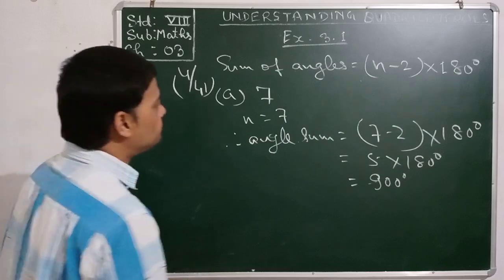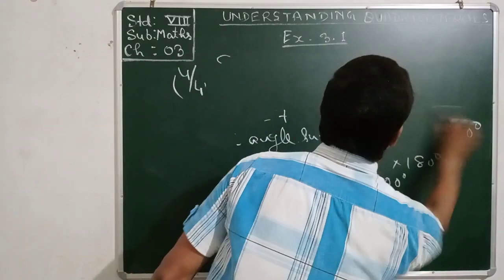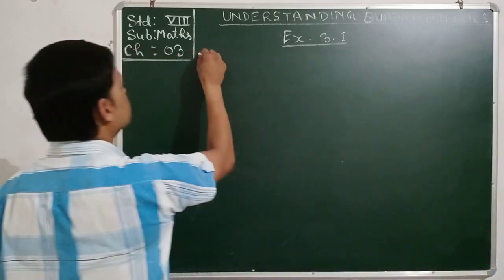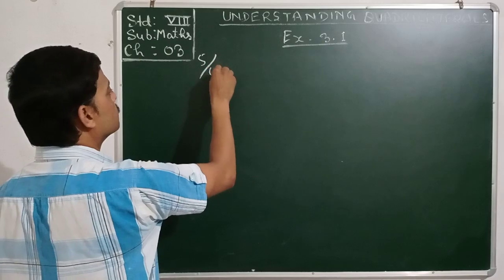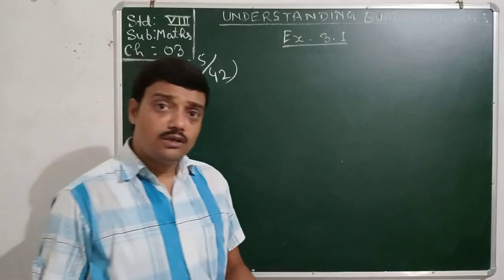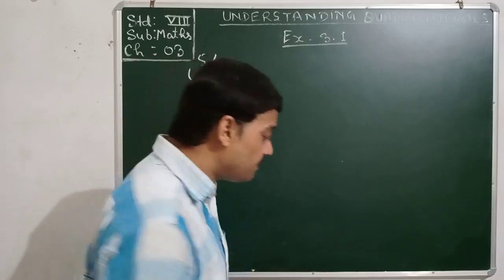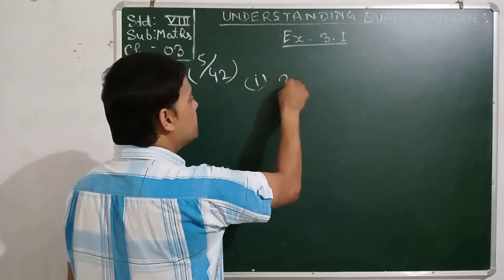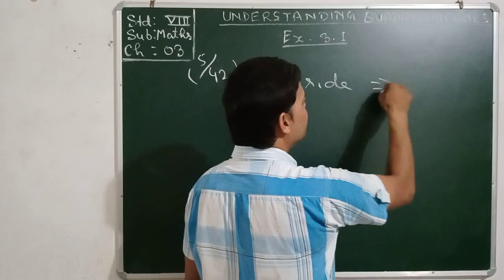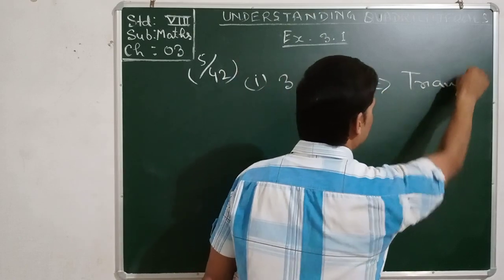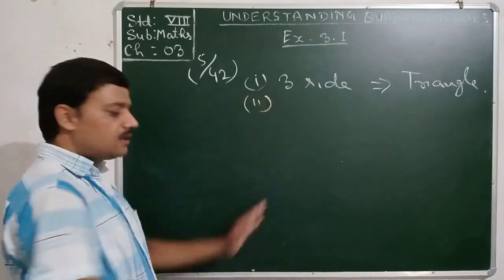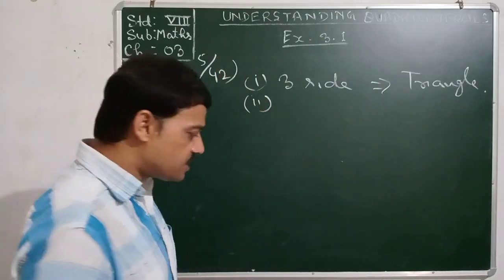And in the 5 number, a regular polygon, as the number of sides are given there. First one, it is 3 sides. The polygon of 3 sides is known as, of course, triangle. I have already explained you. Similarly, 4 sides, quadrilaterals, and so on. Try to do these things yourself.